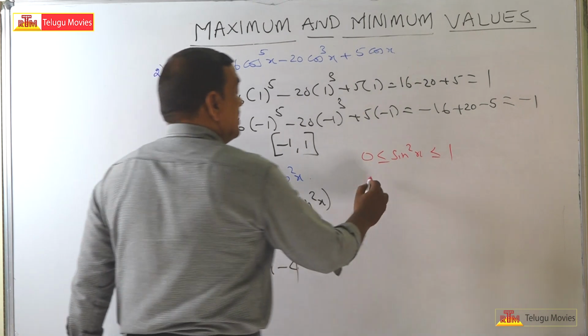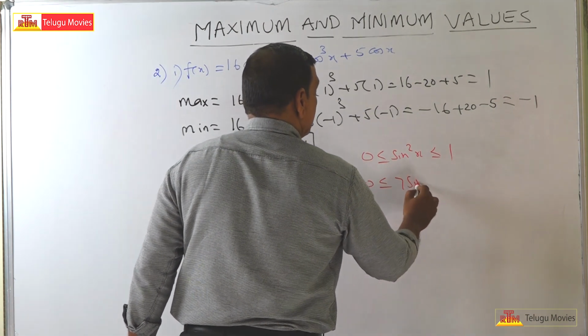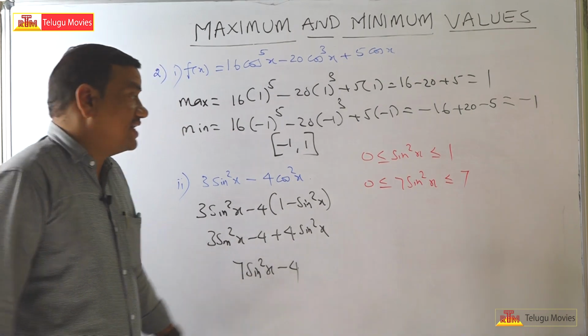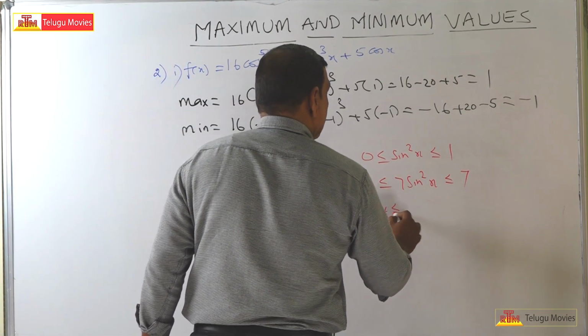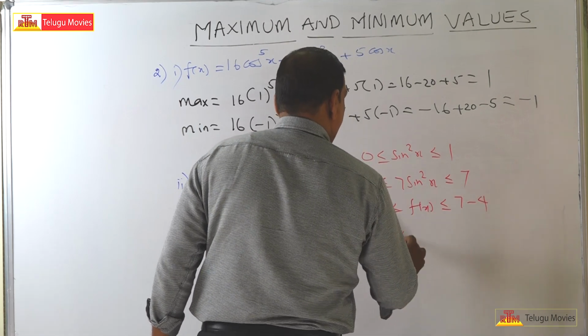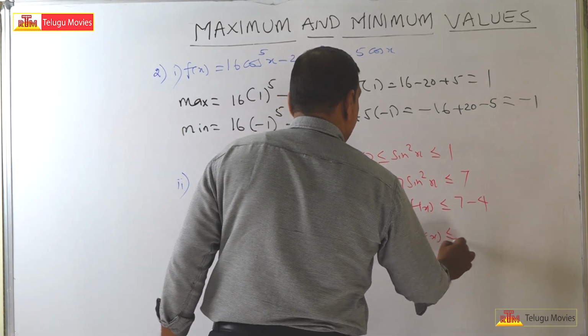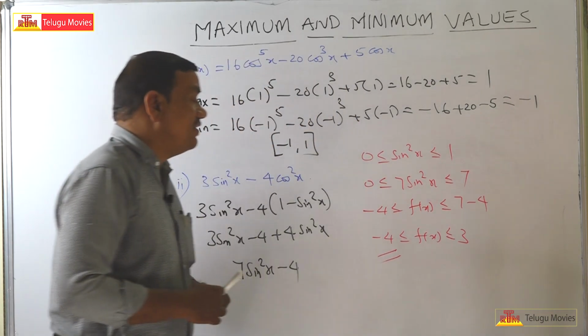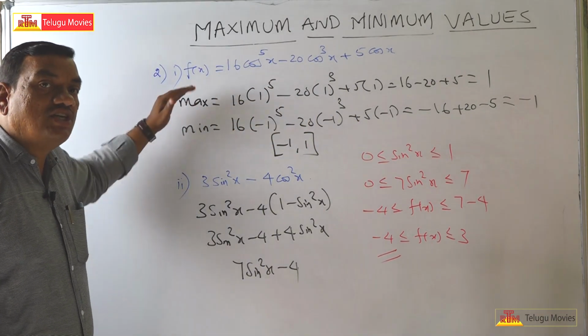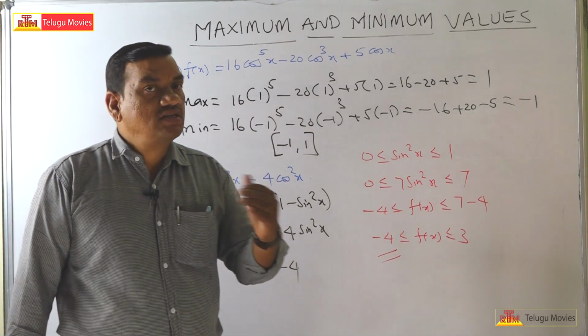Multiply with 7: 0 less than or equal to 7 sin square x less than or equal to 7. Subtract 4, that is minus 4 less than or equal to your function less than or equal to 7 minus 4. Minus 4 less than or equal to your function less than or equal to 3. Therefore, the minimum value is minus 4 and the maximum value is 3. I hope that you understand these two problems. Let us go for some more problems.